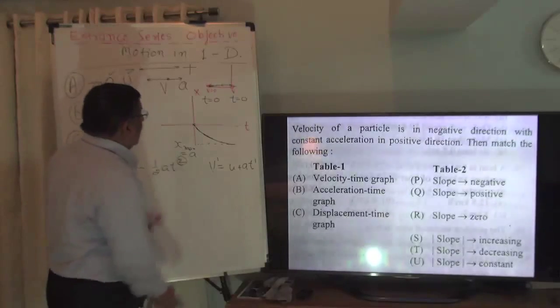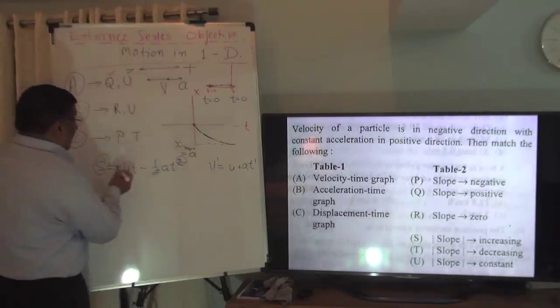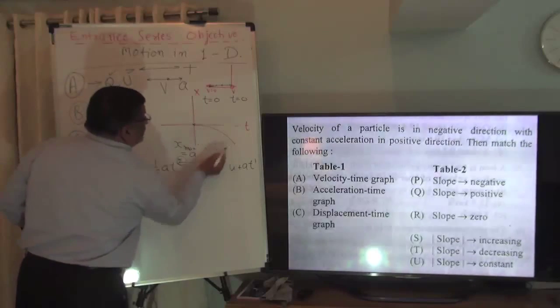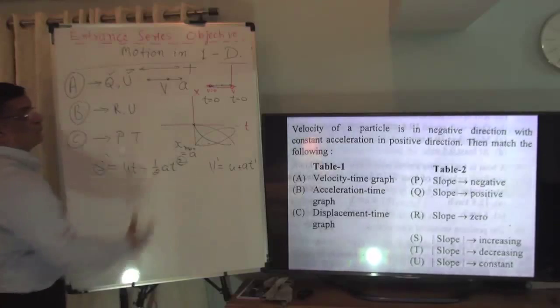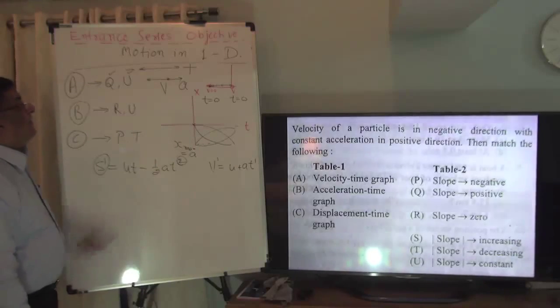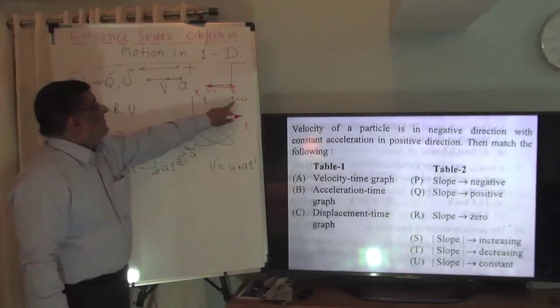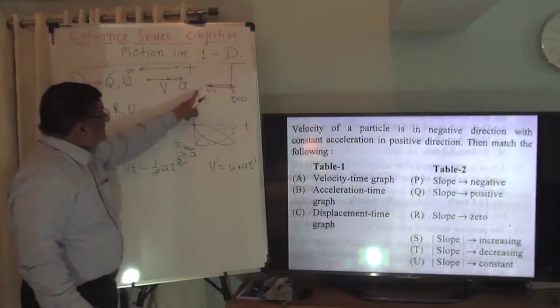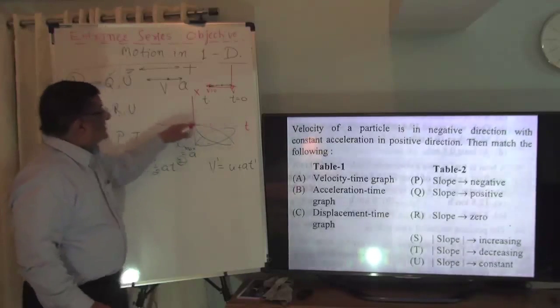Once again, how do we find it? There are 4 types of graphs possible with powers 1 and 2. We can have a graph like this, like this, like this, and like this. How do we choose? The answer is, first thing, when the time is equal to 0, how much is the displacement? 0. So x is equal to 0 when t is equal to 0.